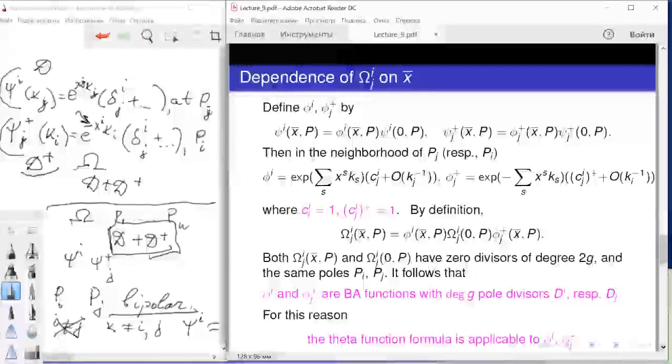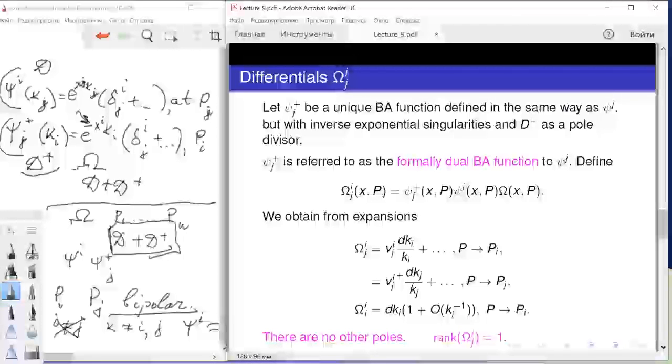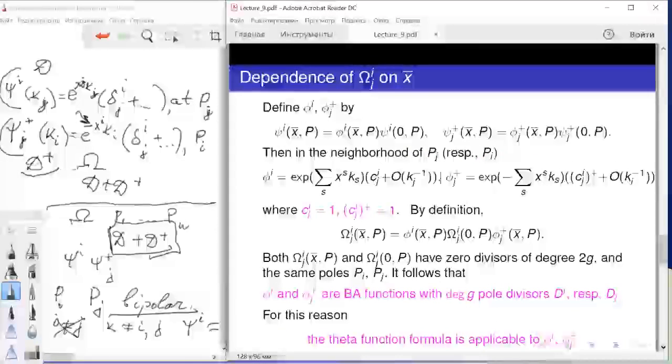Consider the dependence of the differentials omega ij on x, on x bar.